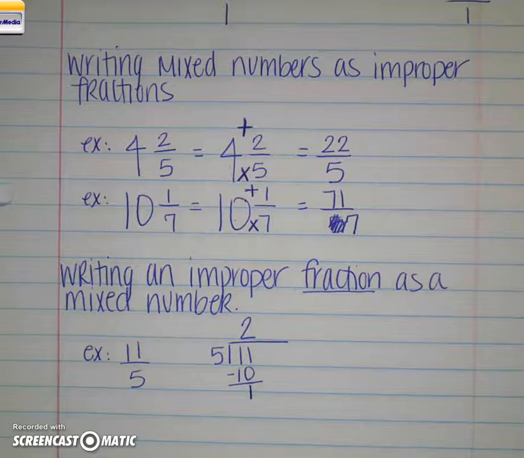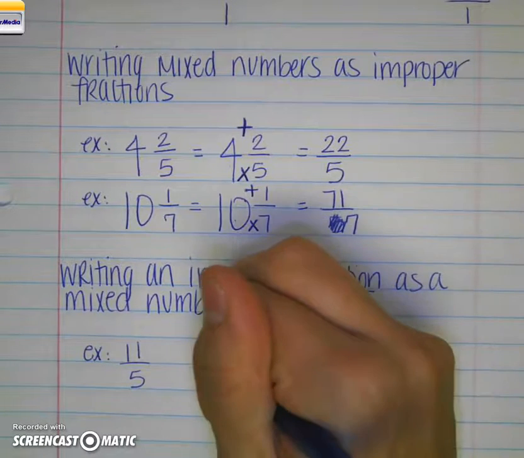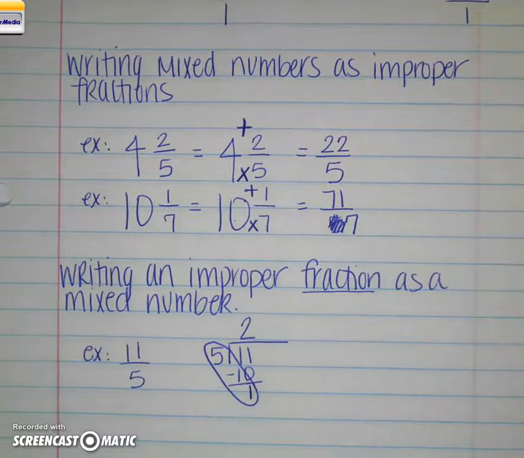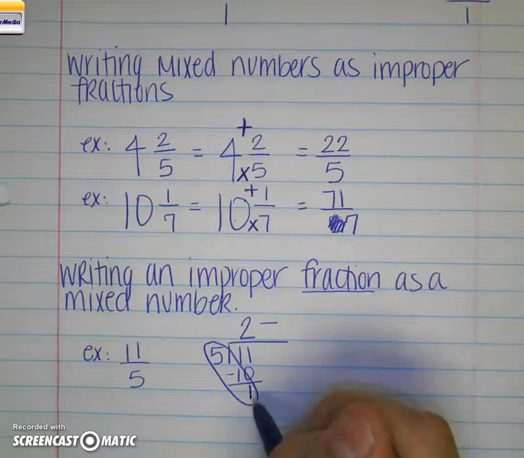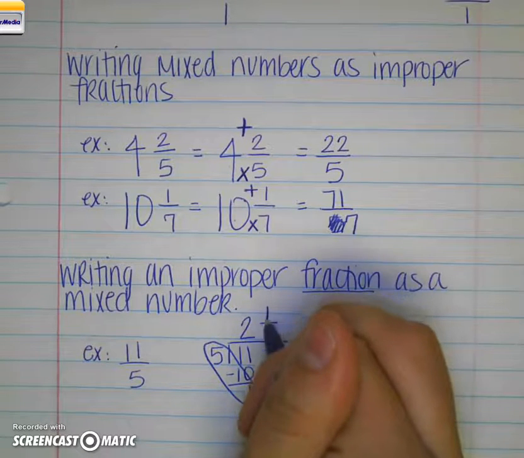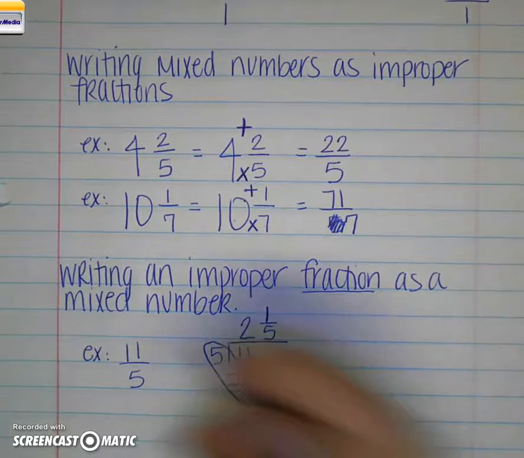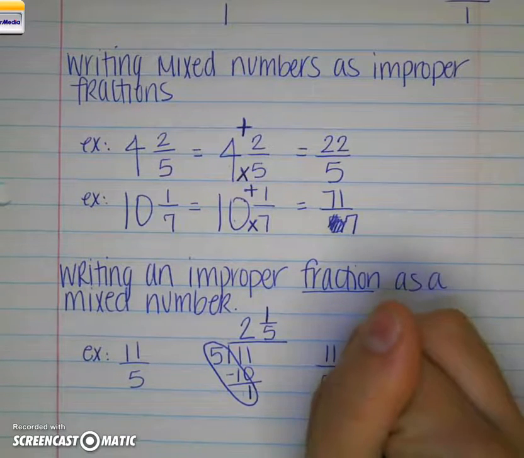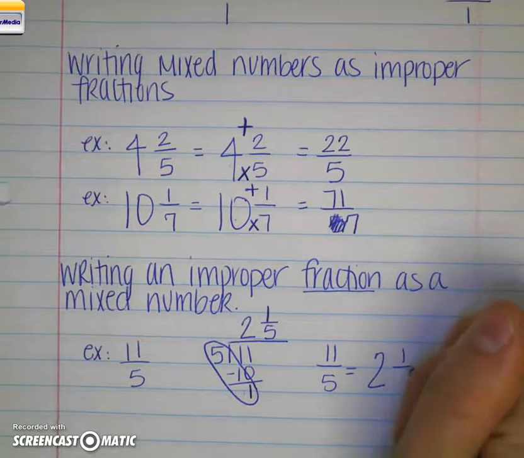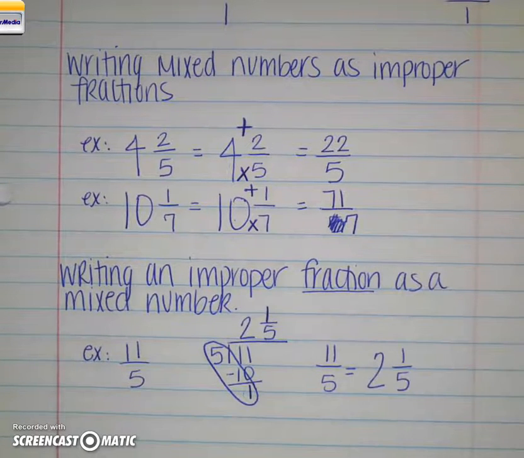So here's how I always remember. We're going to draw our worm right here. And then the bottom becomes the top, and the top becomes the bottom. So 11/5 is the same thing as saying 2 and 1/5. Those are equivalent fractions. One's improper, one would be a mixed number.